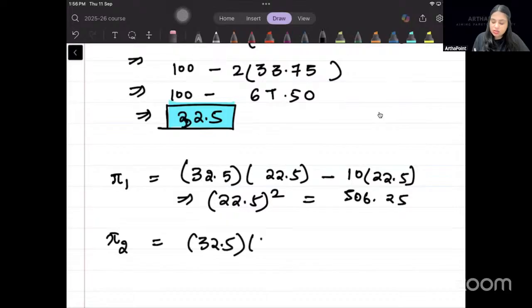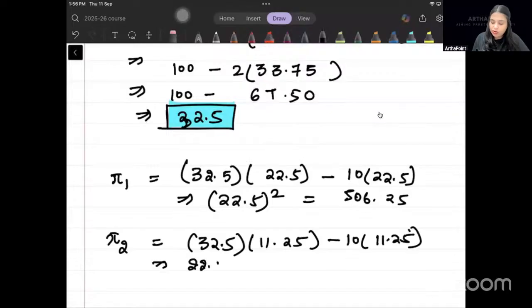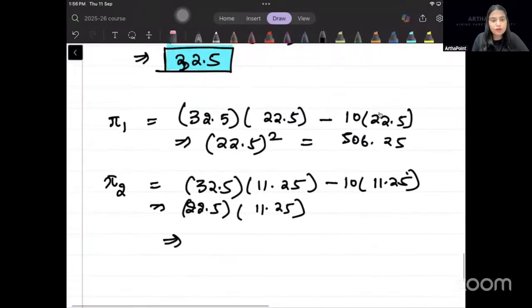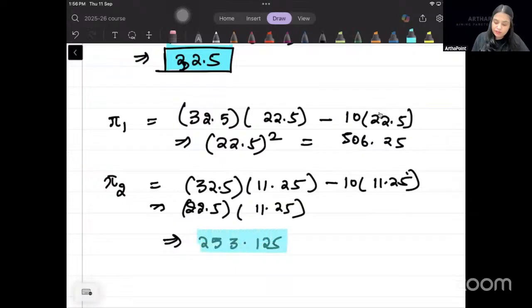And the profit of the second firm will be price into quantity minus cost. So it is going to be 22.5 into 11.25. Right? So this is going to be half of this. So 506.25, half of that, 253.125.